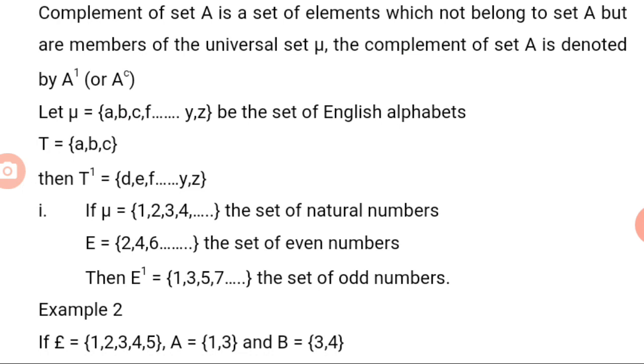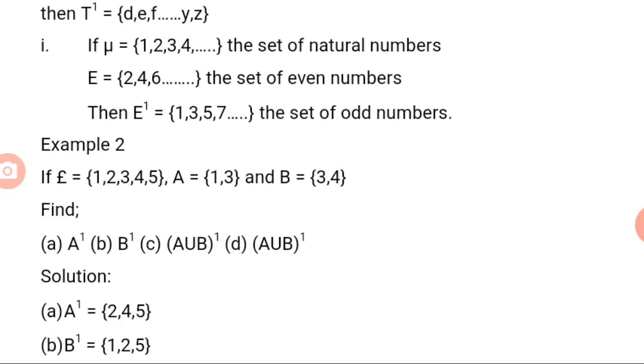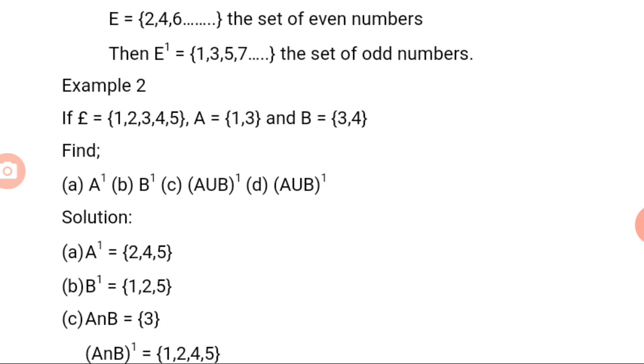You cannot find these numbers in set E. That is what we call E complement, and the set is odd numbers. Can we move forward? Do you understand that? Well, alhamdulillah.